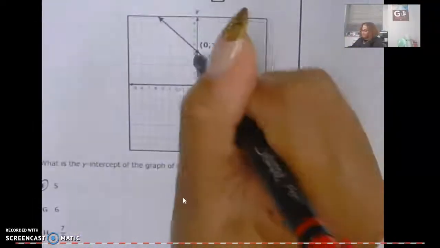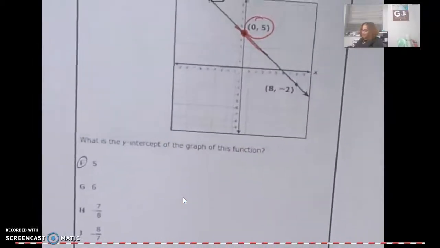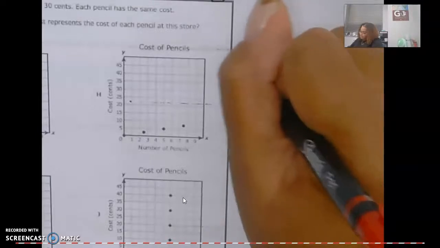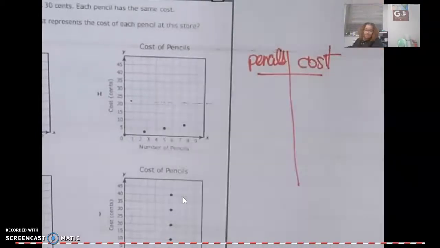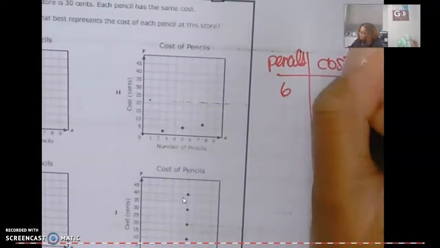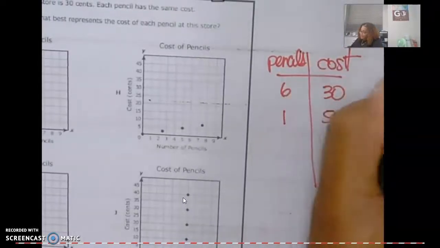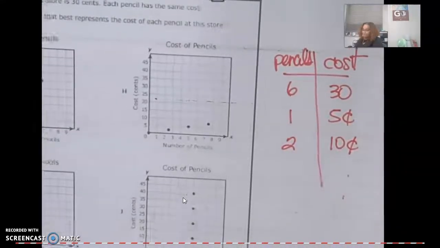Y-intercept is where this crosses the y-axis, boom, at 5. Down here, make a chart. Pencils and cost. 6 pencils cost 30 cents. So that means 1 pencil costs 5 cents. 2 pencils are 10 cents, and so on.